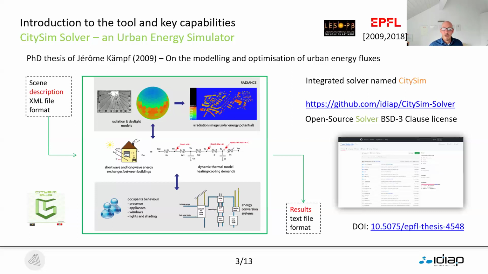So we have, through the years, continued its development, and we put it open source on GitHub. So you have the address here on the slide. It is under an open source BSD 3-clause license, so that everybody can go and download it. You can include it in your own work, you can improve it, and so on.